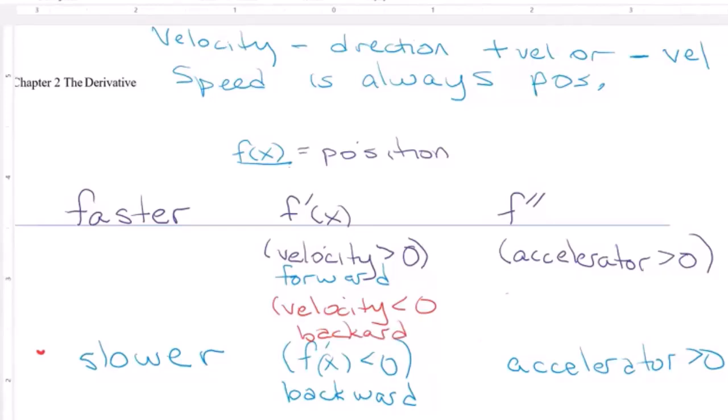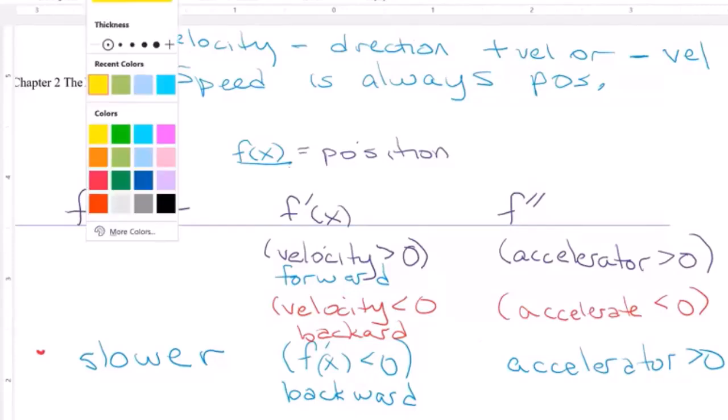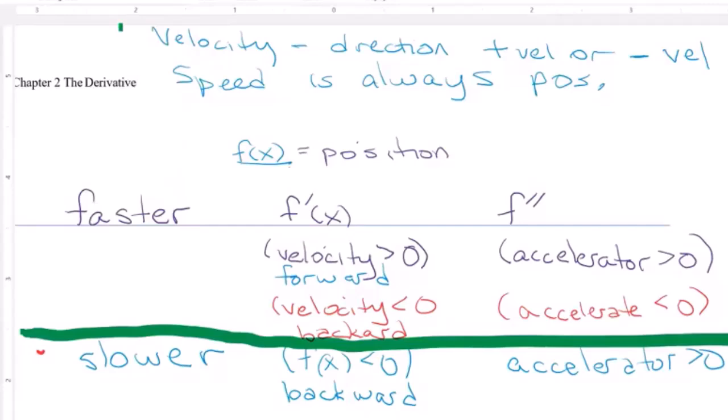If I accelerate in the negative direction, I'm still going faster. I'm just going faster backwards. Okay. So opposite now.